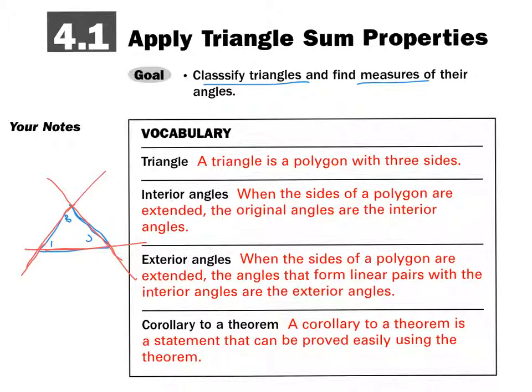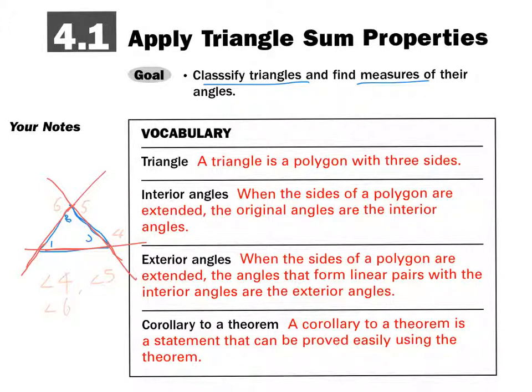So once you extend the sides of the polygon, the angles that form linear pairs, so if this is right next to 2, I put angle 4 there. So 2 and 4 are a linear pair, therefore 4 is an exterior angle. And in this case, I would do 5. 3 and 5 is a linear pair, so angle 5. And I can say the same thing on this side of angle 3.